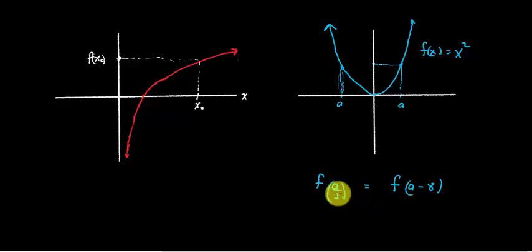Well, now it could very well be true that these two values of the function could be equal to each other. So for example, if we were to let a be equal to 4, well, 4 divided by 2 would be 2, and then plugging it into our function, 2 squared would give me a 4.